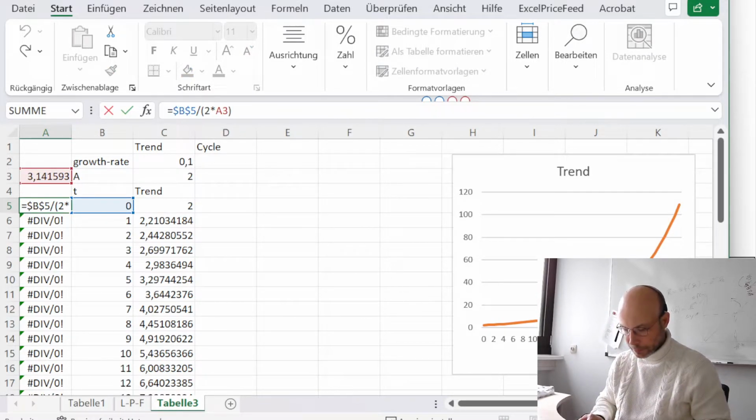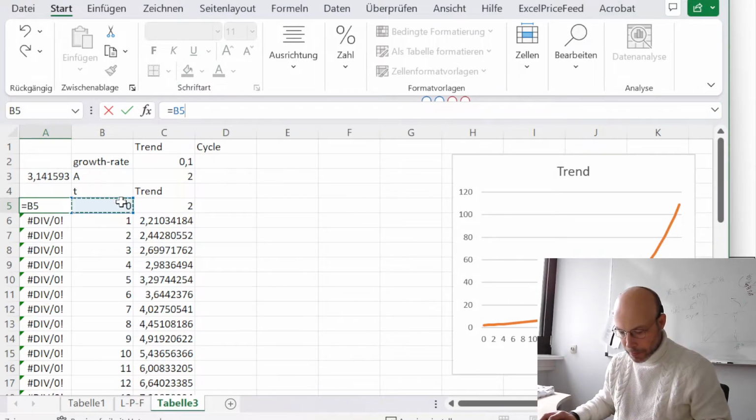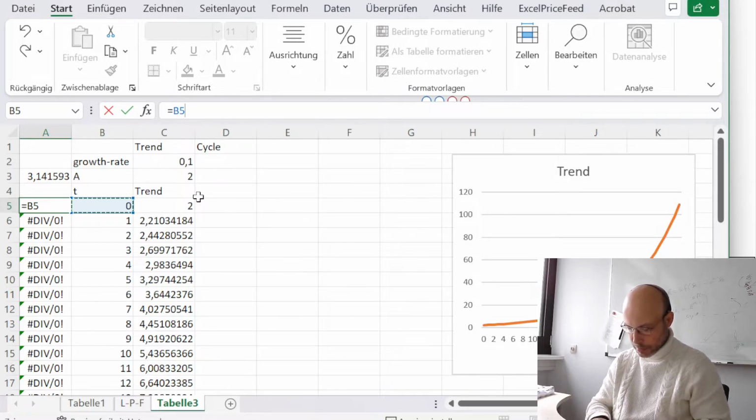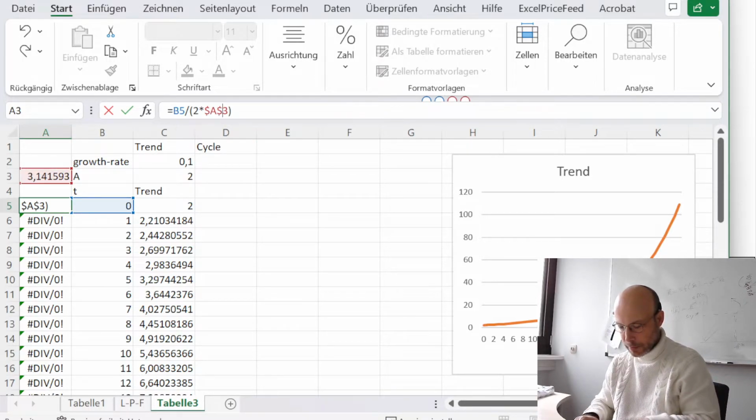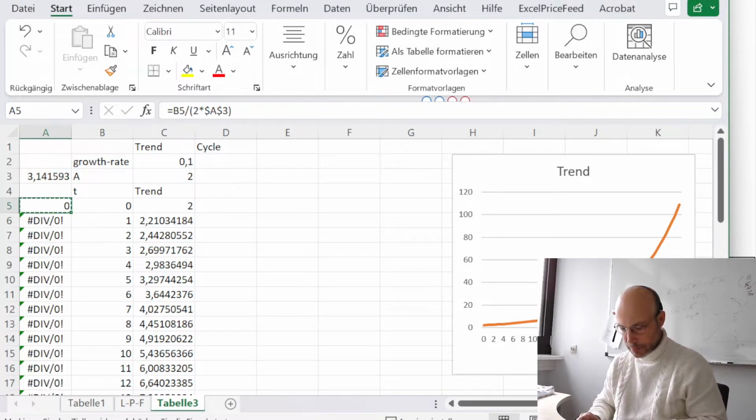Of course, our value of this divided by 2 pi, and this has to be fixed.